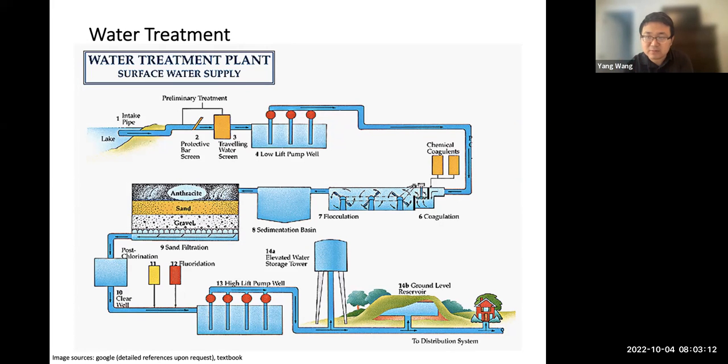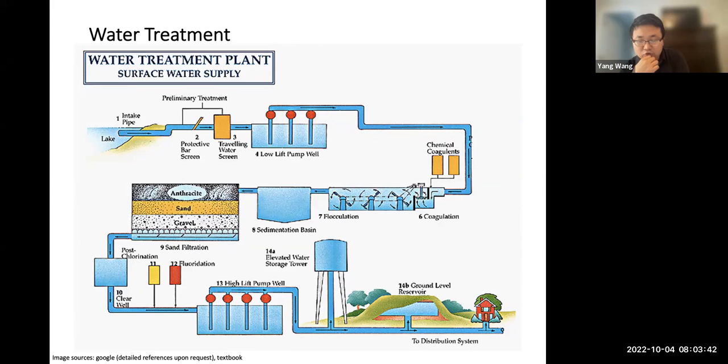We prefer a faster process because we want these aluminum ions to distribute evenly in the water, right? If we have a very slow process, then they cannot be very evenly distributed, right? You're going to have a higher concentration at certain locations, a lower concentration at other locations. This is not uniform distribution, right? If you don't have a uniform distribution of the coagulants, then you don't have a uniform treatment of these colloids, right? So that's why we prefer a faster mixing.